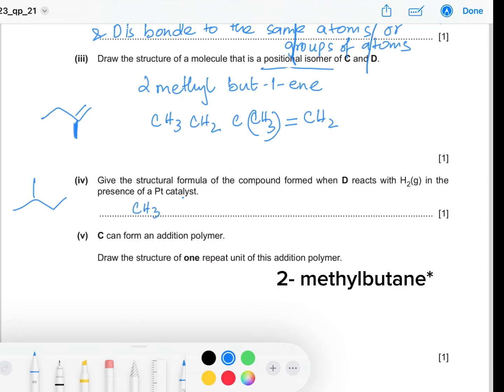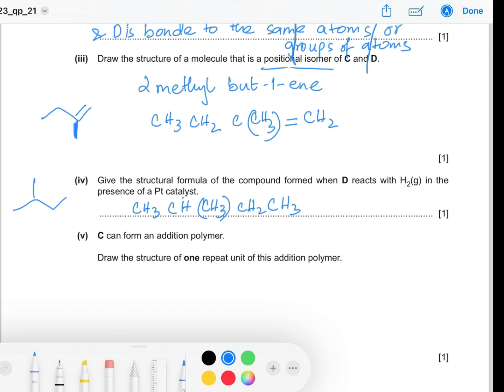So you have CH3 and then a carbon that's bonded to a hydrogen as well as a methyl branch, and then you have CH2, CH3.